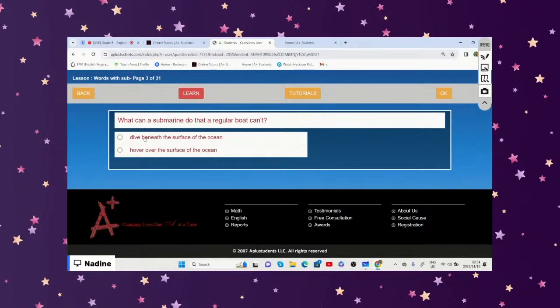And we can say a submarine can dive beneath the surface of the ocean. And remember, a boat cannot do that because once a boat goes underneath, it means that the boat is sinking.